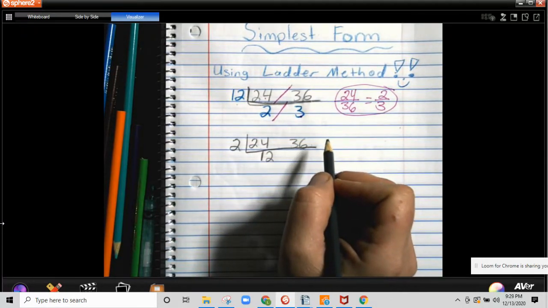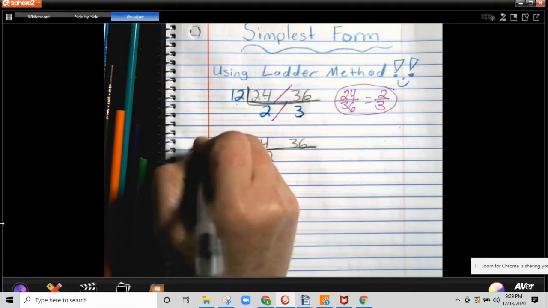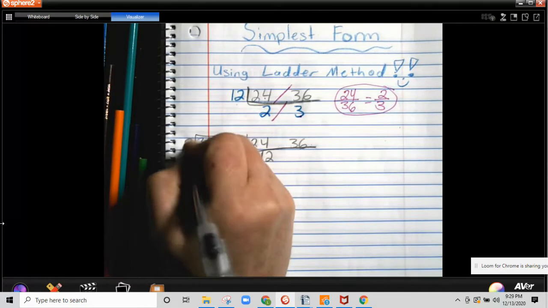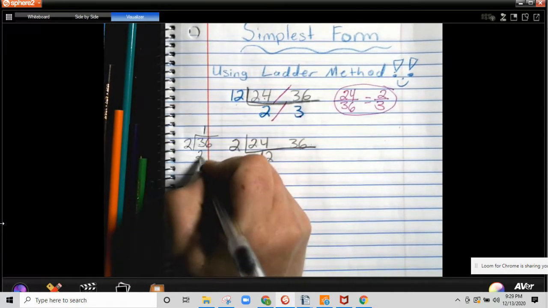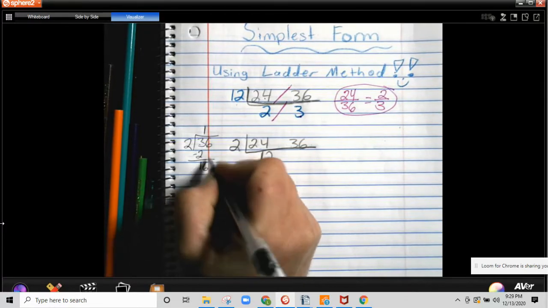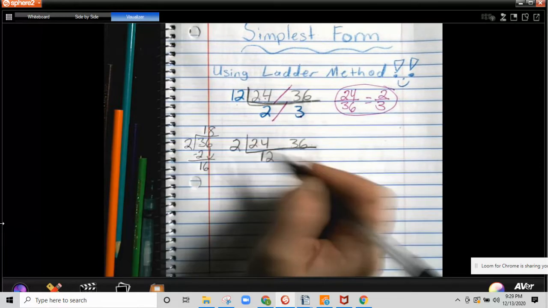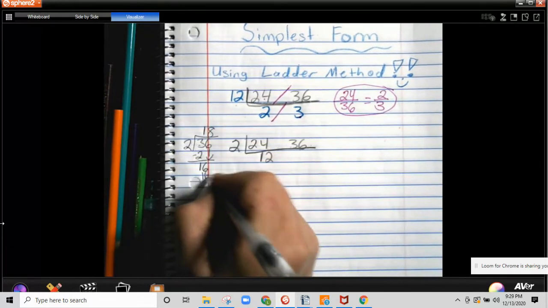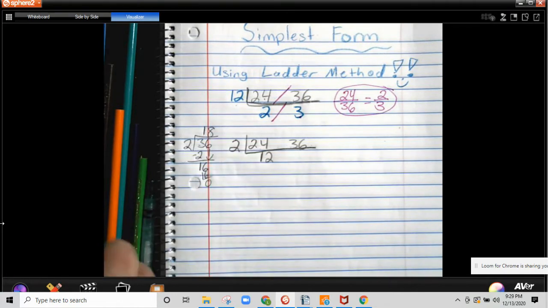If you don't know that off the top of your head, then you come over here and you do 36 divided by 2. 2 goes in 3 once, minus, bring down, I got my 16. 16 divided by 2 was 8. 8 times 2 was 16, minus that, 0. So I know it's going to be 18.